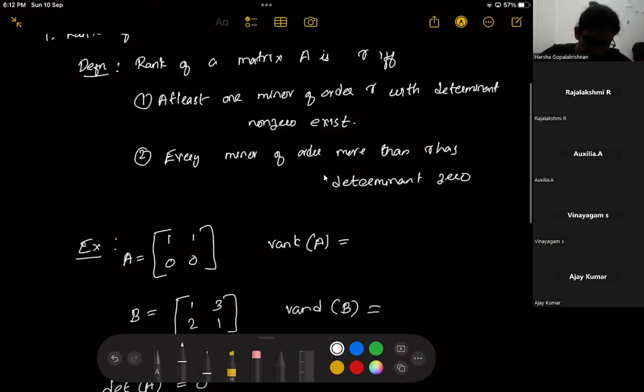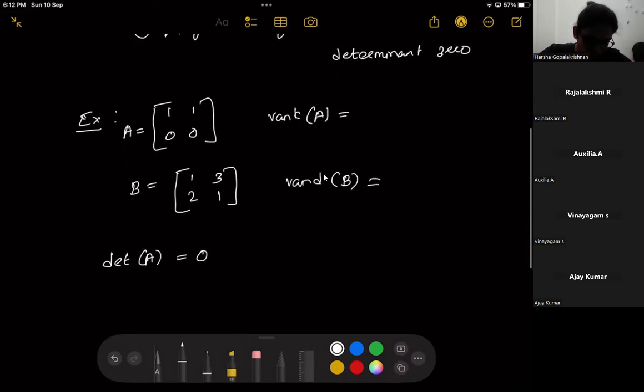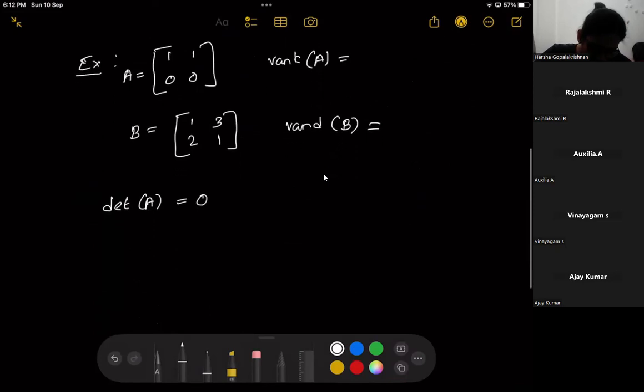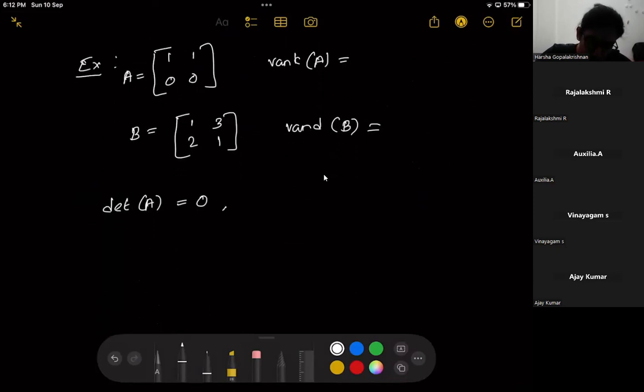Here this implies the rank is not 2. That means if the rank is 2, there should exist a minor of A of order 2 whose determinant is non-zero. It is not possible because the only possible minor of order 2 has determinant 0.